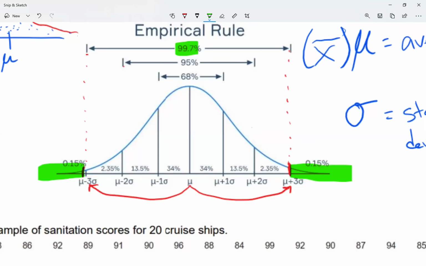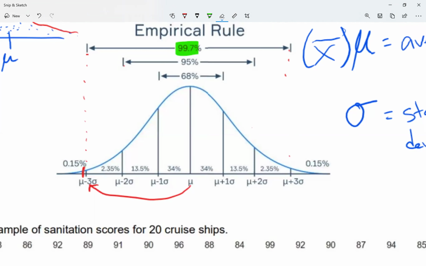And from mean minus 3 standard deviations to the left, it's about 0.15% of our data. Now, 0.15 is not even close to 1%. In fact, when I add those two, it should give me about 0.3%, right? So it's not even that much. That's where we have our numbers that we used to call outliers. Remember, they were off.